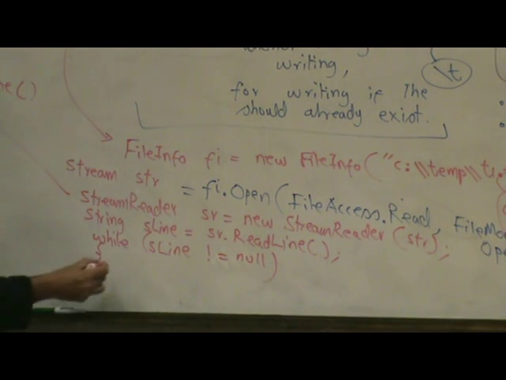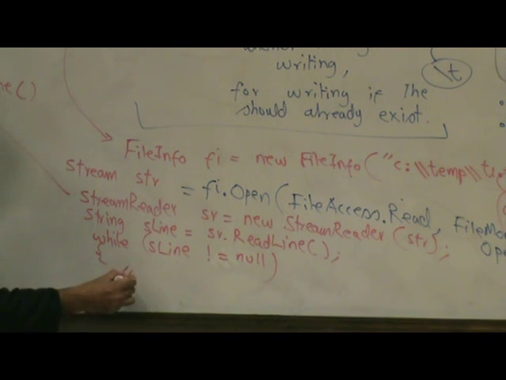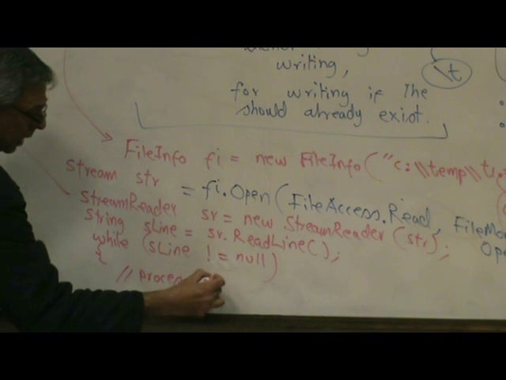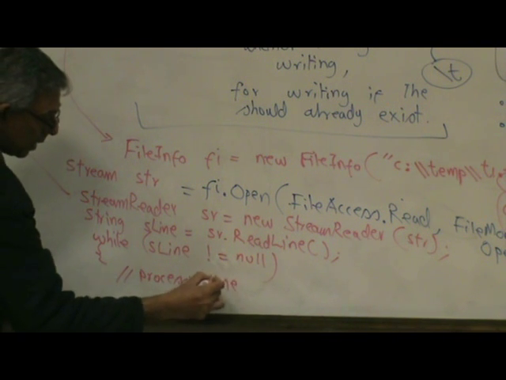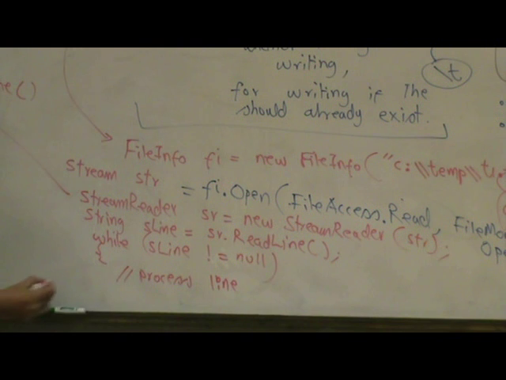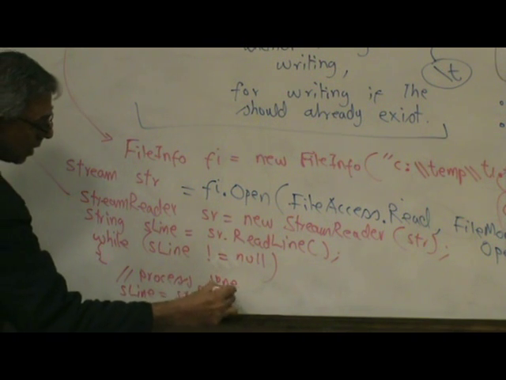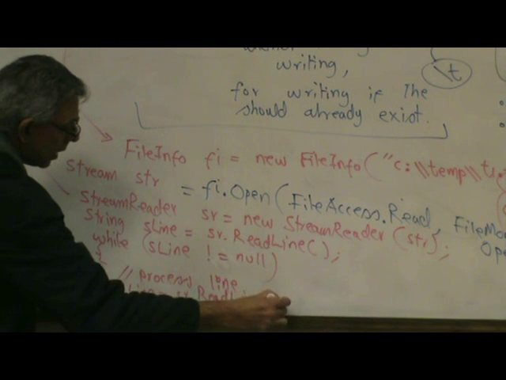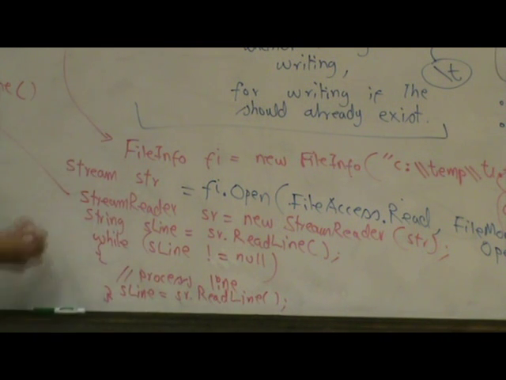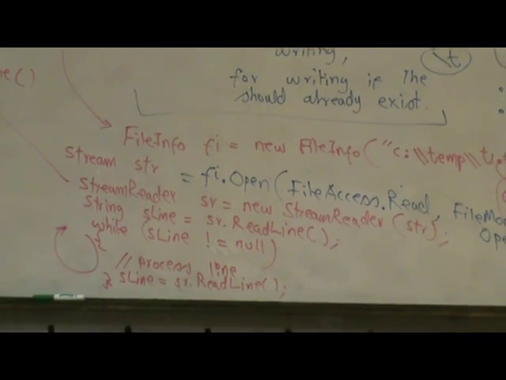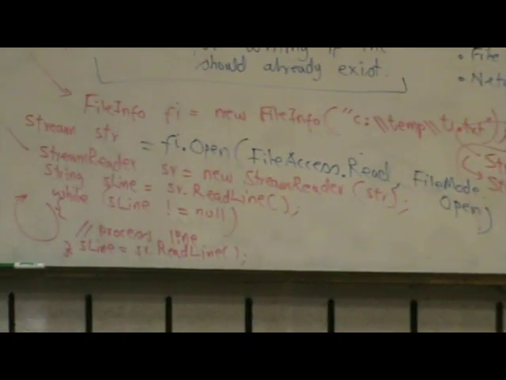Now you will process the line, whatever line you have read. And then you'll keep reading, so you will say sLine equal to sr.ReadLine(). Okay, so this will be our typical code which will simply go in a loop, keep reading line by line.